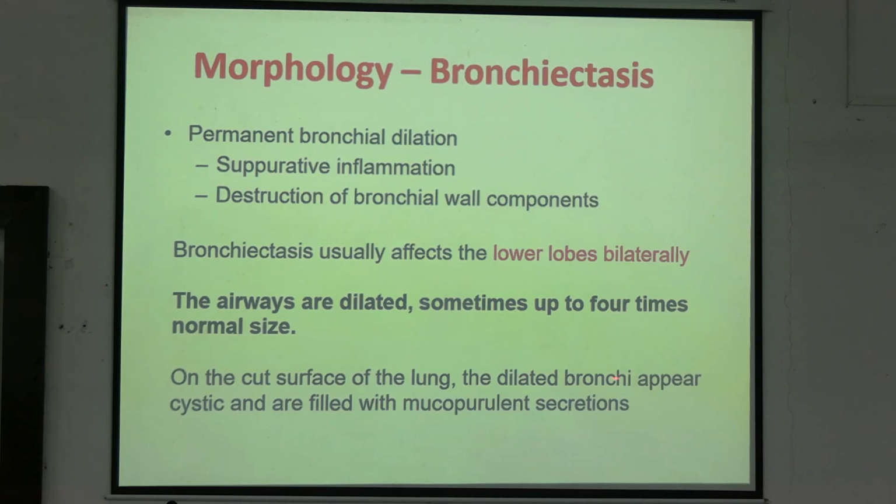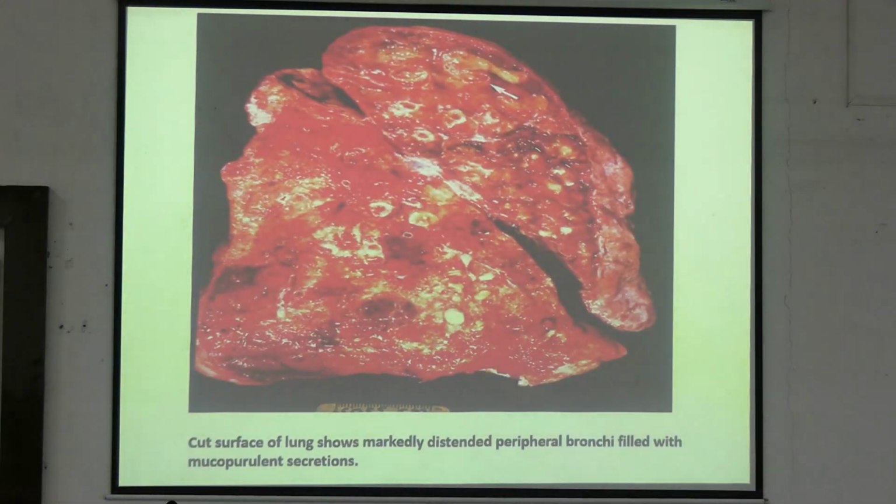On the cut surface of the lung, we can see that the dilated bronchi appear cystic and are filled with mucopurulent secretions. This is an image of the cut surface of lung where we can see markedly distended peripheral bronchioles filled with mucopurulent secretion.